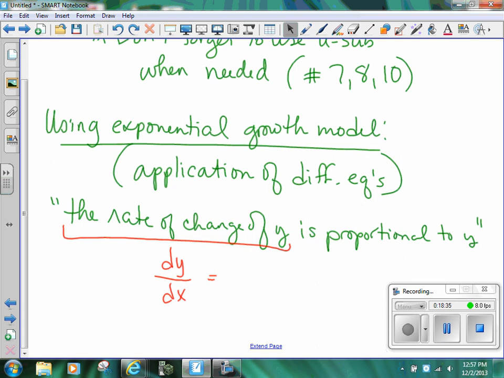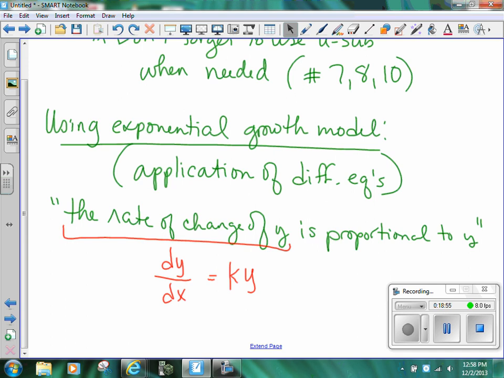Proportional to y. Hey, this should look familiar to you. Does that look familiar? Okay. ky. This is direct variation from Algebra 2.